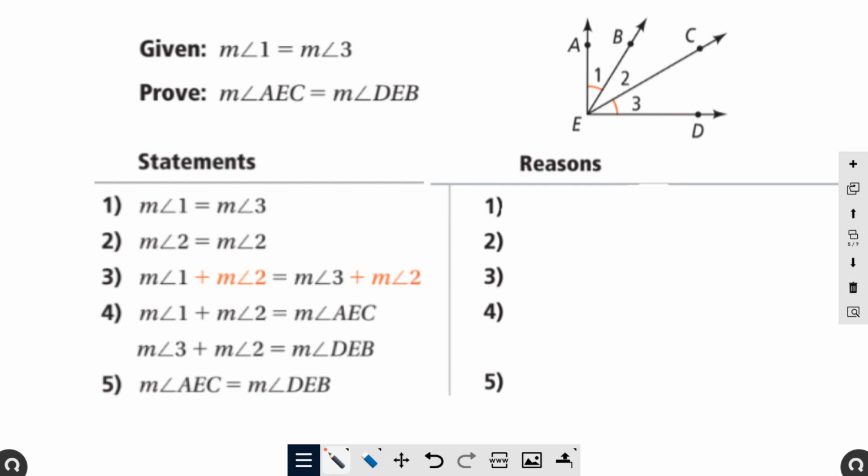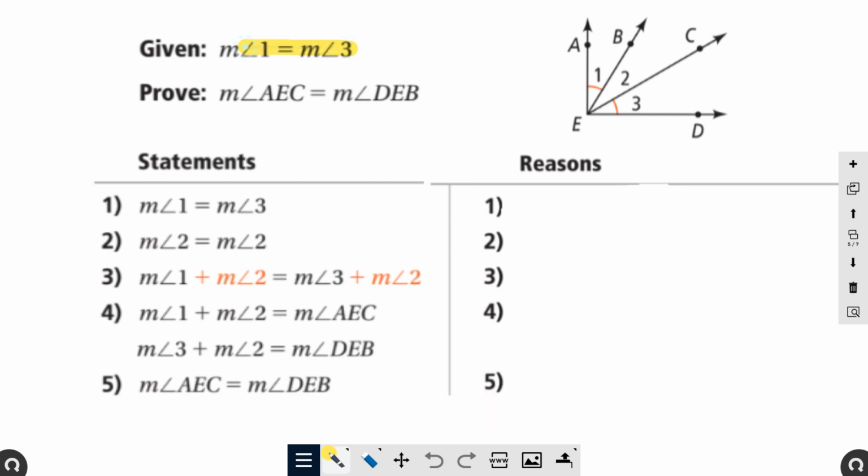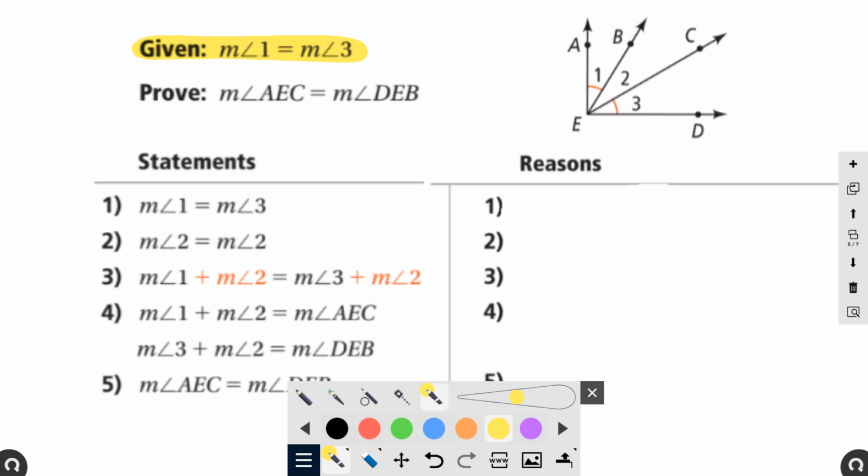All right. Now, this one is more of a geometric proof. So the last one that we did was more of an algebraic proof. We were explaining our algebra steps, but this is more of a geometric proof. So the first thing that I like to do is look at what is given. We are given angle 1 is equal to angle 3.